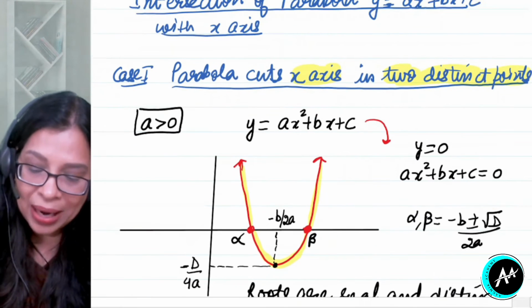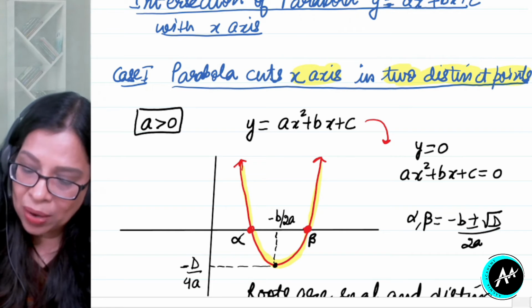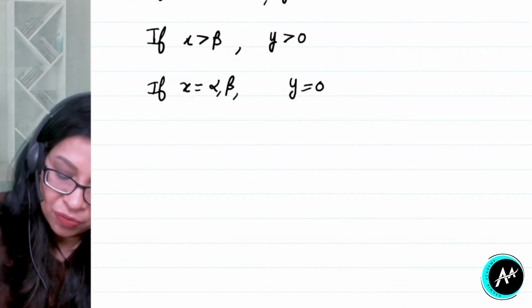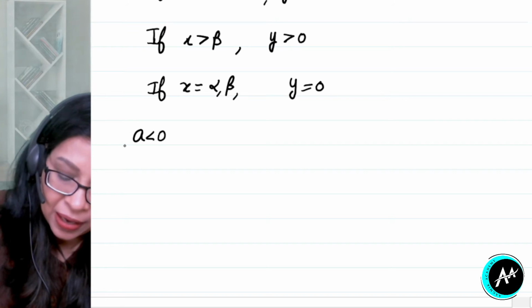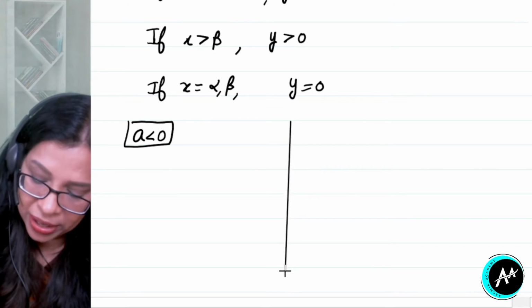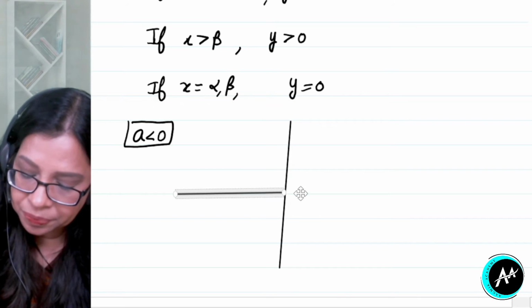Now this was when parabola is opening upward. See, when a was positive. Now let me take what happens when a is negative. Let us see that case now. When a is negative, parabola will be opening downwards. So let me take parabola opening downwards. Alright.